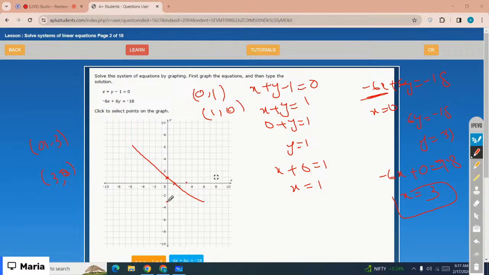So their point of intersection must be, this is their point of intersection, where x is 2 and y is negative 1. This is the point of intersection. 2 and negative 1 is the solution of the system, right? The correct option is 2, negative 1.